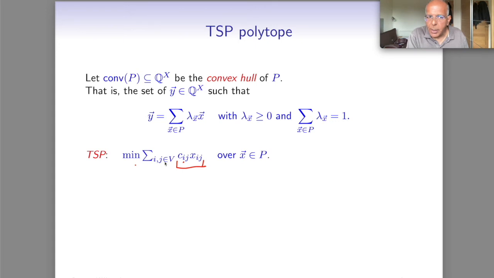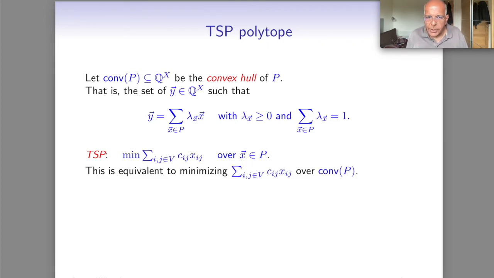So I turn that input into this objective function, and my aim is to minimize this objective function over all x which are in P. This is just a restatement of the traveling salesman problem. I haven't quite got it as a linear program yet.